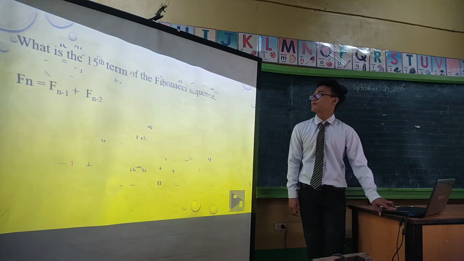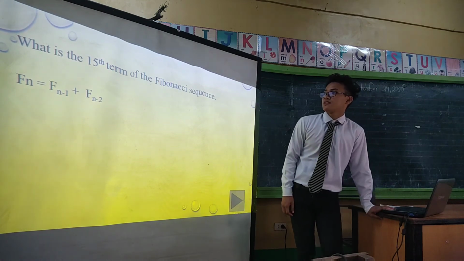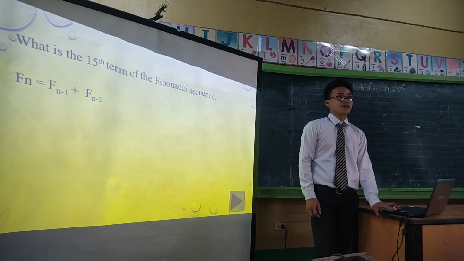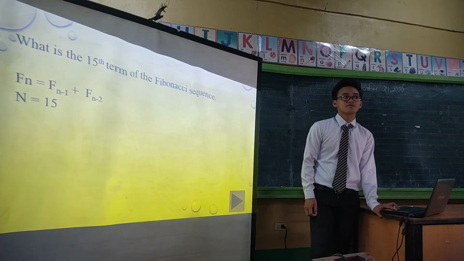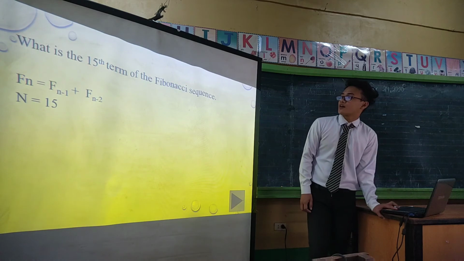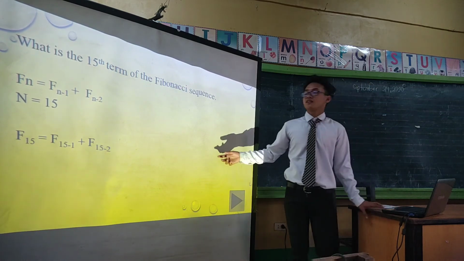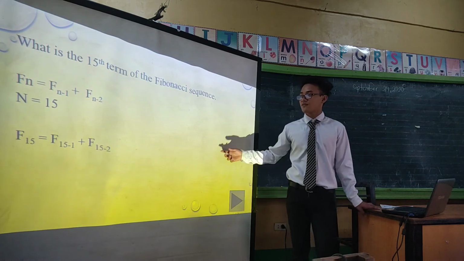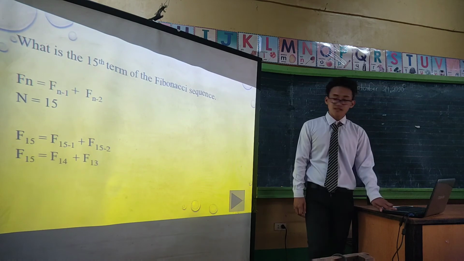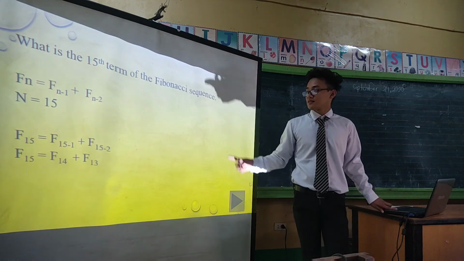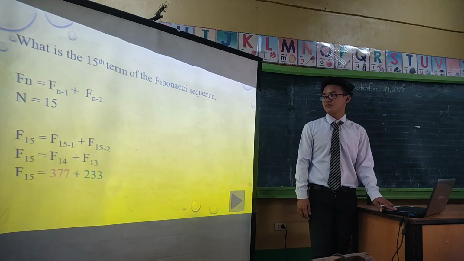Here's another example. What is the 15th term of the Fibonacci sequence? So, just follow the same process. So, our n would be 15. So, we need to substitute the 15. And the second step is subtract it. And the third, find its value.